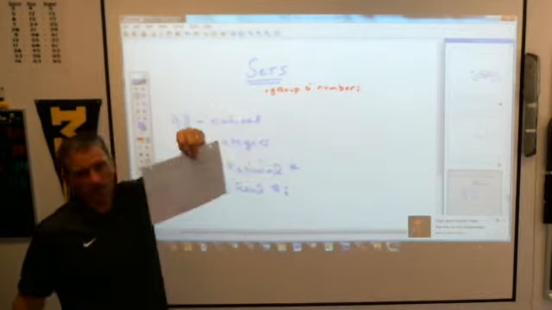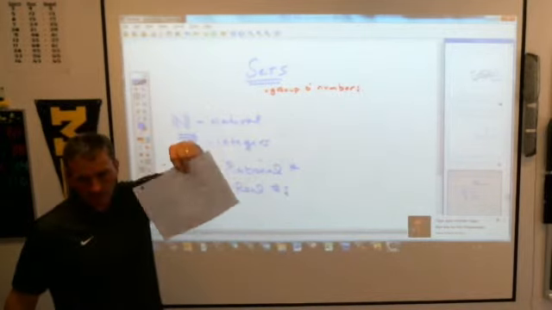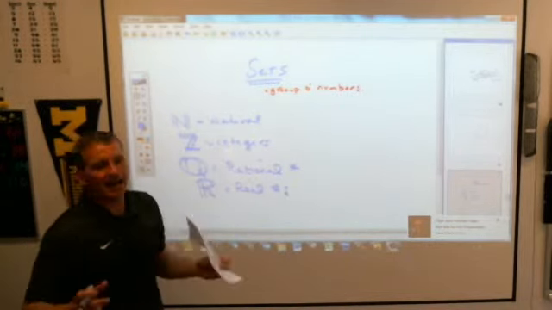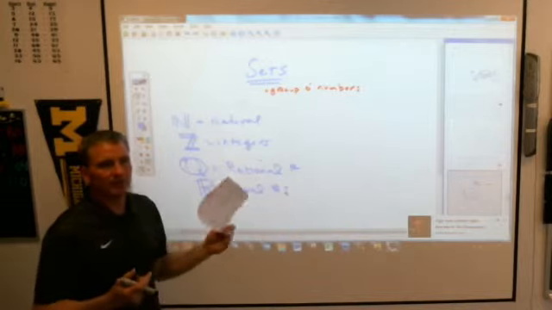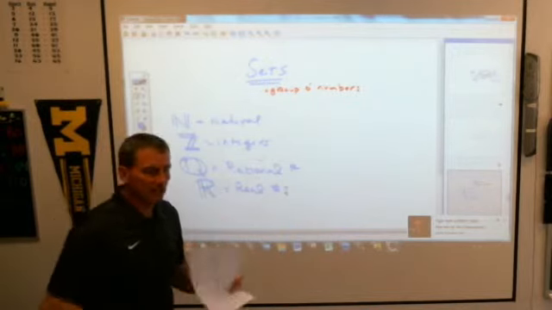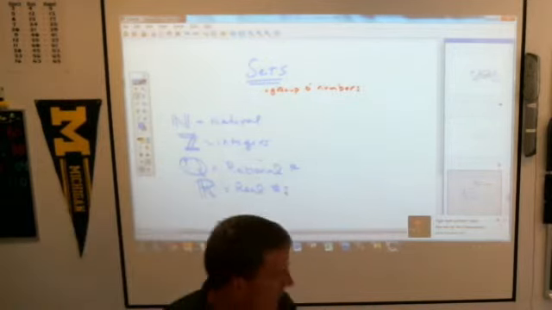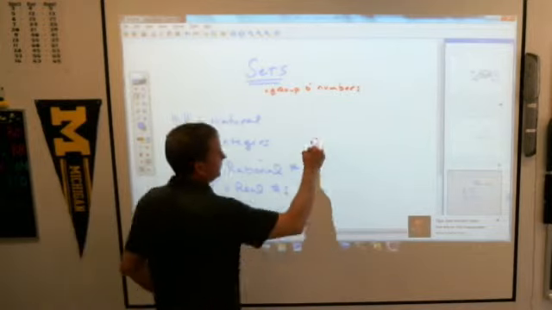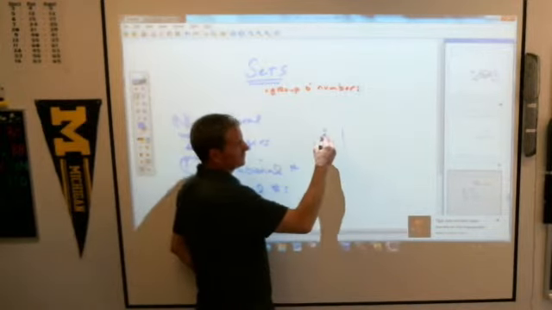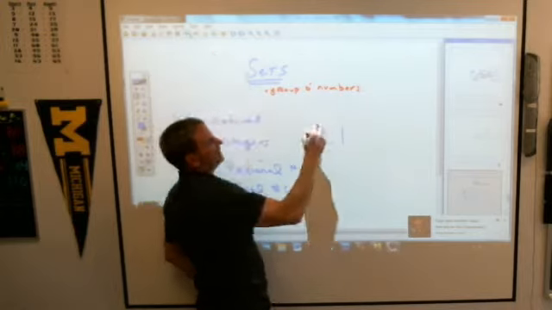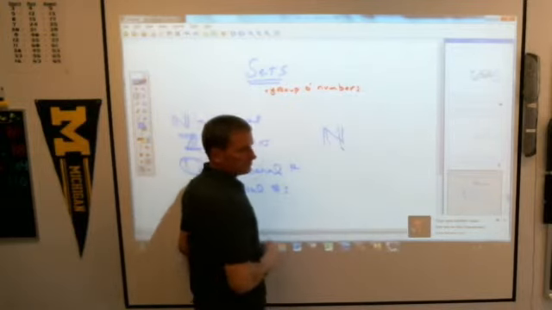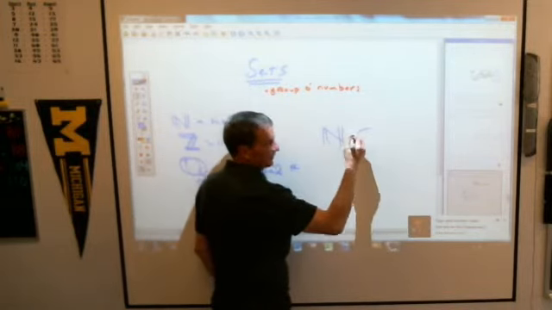Talking about subsets, every number that's inside a smaller rectangle inside of a bigger rectangle is a subset. So you would write that like this. The natural numbers, remember the little symbol for a subset was this little thing, right?